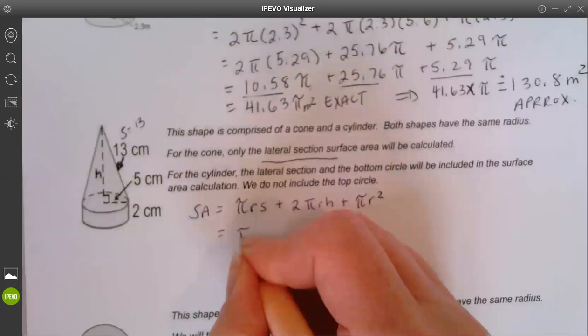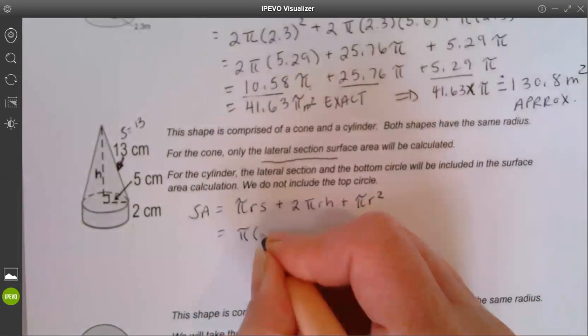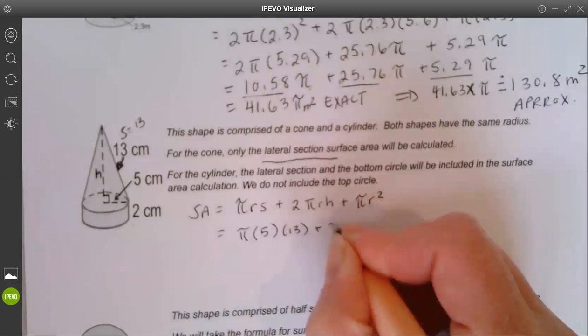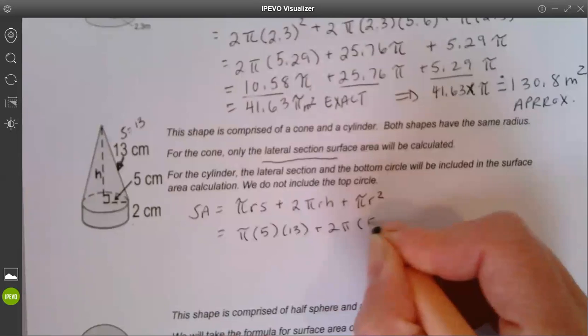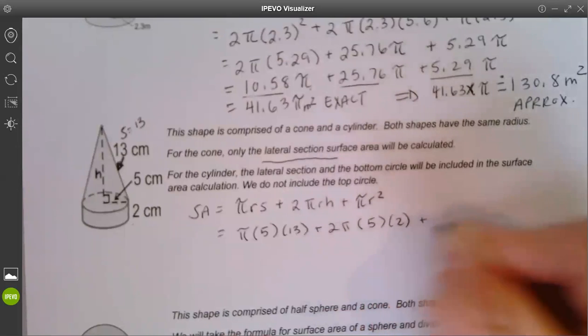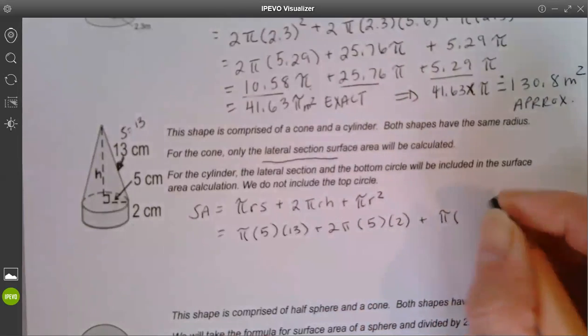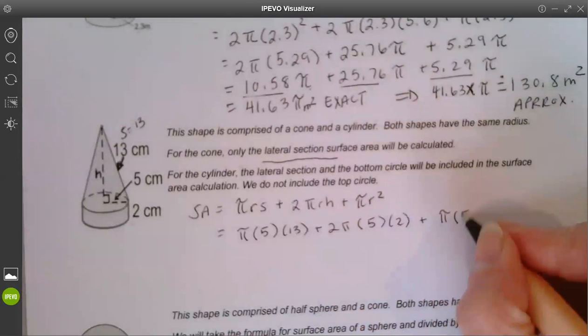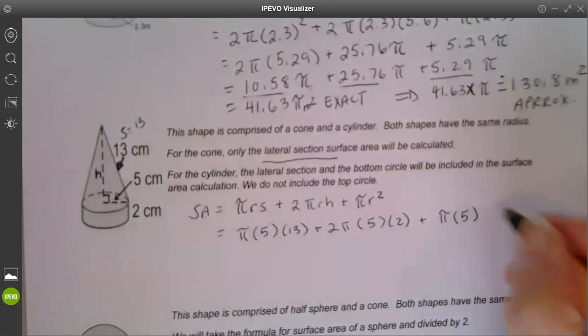And now we are ready to input the information. r is 5, s is 13, r is 5, h is 2, pi r is 5, and it's squared.